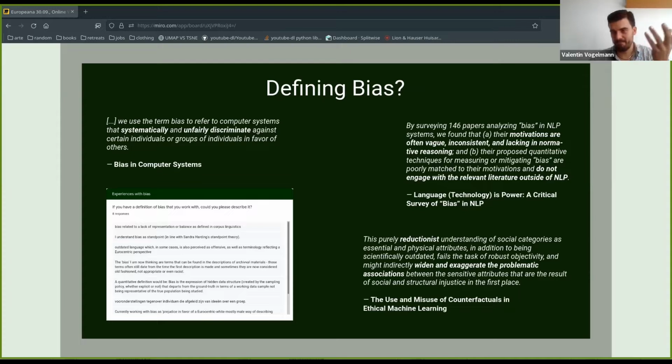And then bias in this sort of way that is researched will be whether certain professions are more associated with men than with women, or whether there are imbalances in representation between men and women, or well, the categories of male and female, I should say. But as these authors note, and others have as well, and the problem that I take for my research, is that this is quite reductionist, as I said.